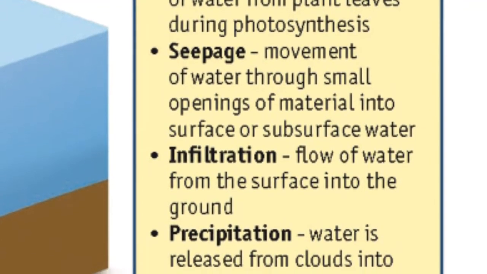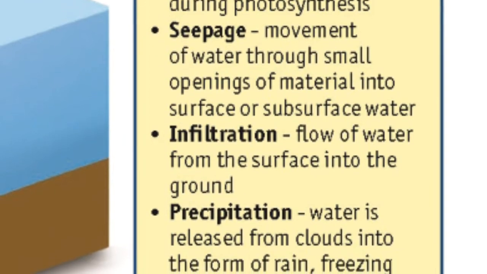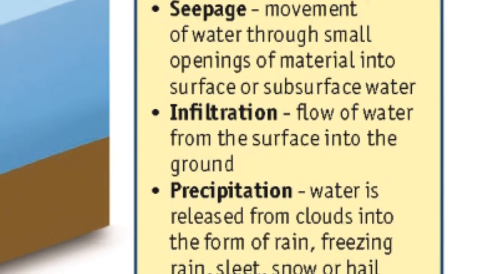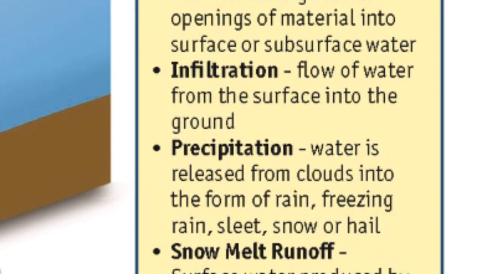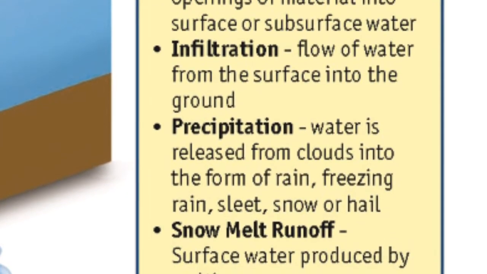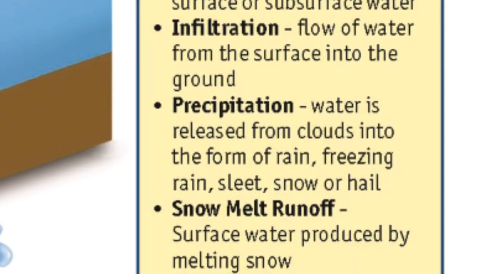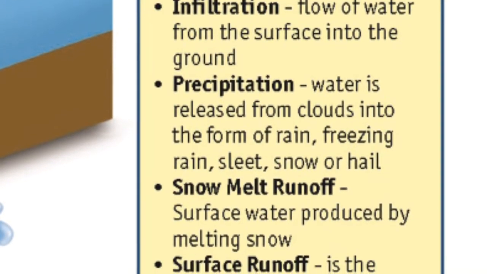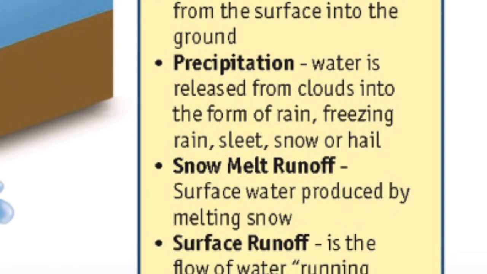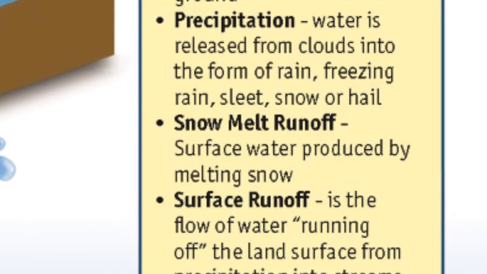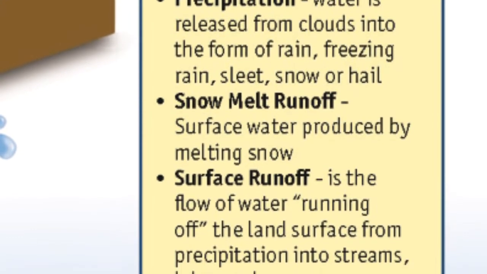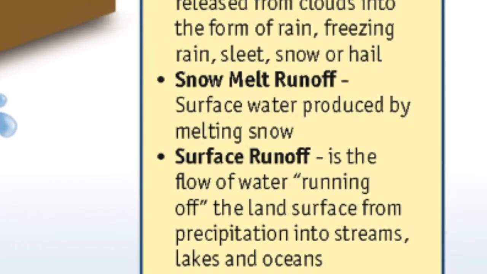Precipitation, water is released from clouds in the form of rain, freezing rain, sleet, snow, or hail. Snow melt runoff, surface water produced by melting snow. Surface runoff is the flow of water running off the land surface from precipitation into streams, lakes, and oceans.